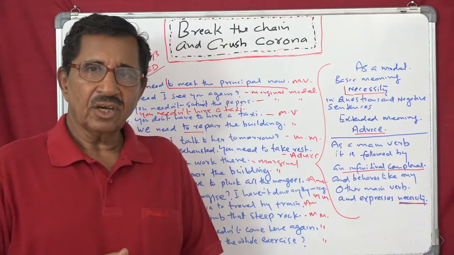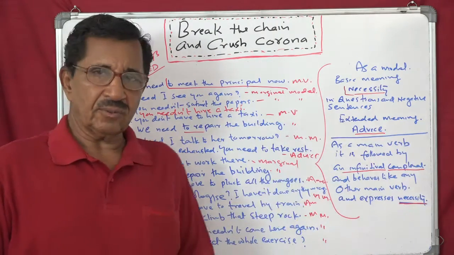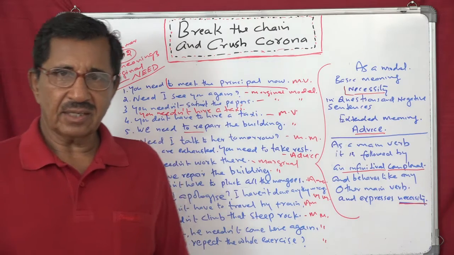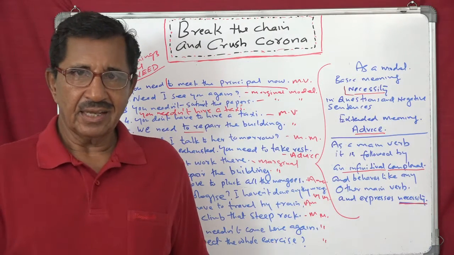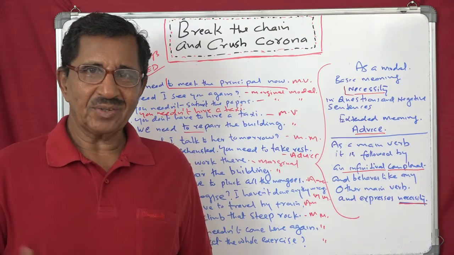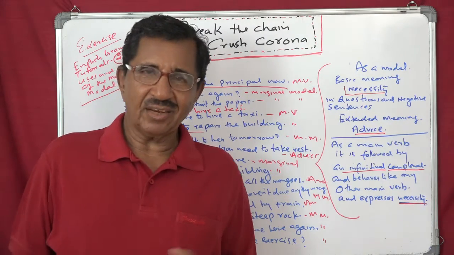Americans like to say, don't have to. The extended meaning of need is advice. So I think that now it is clear to you, no further problem. Everything is clear, so we can pass on to the next lesson tomorrow or in the near future.